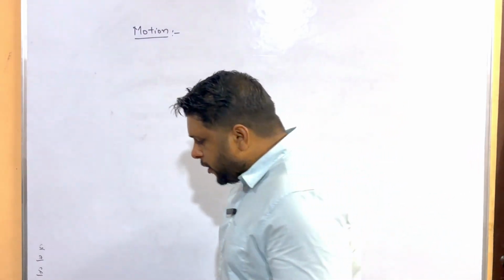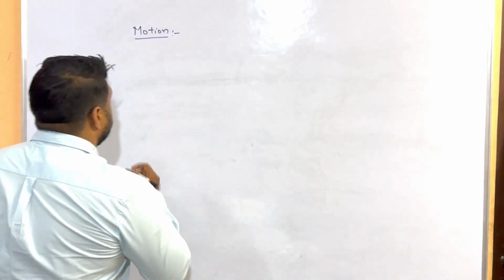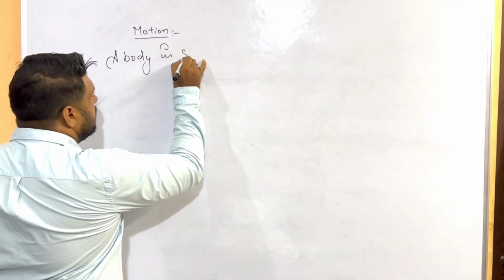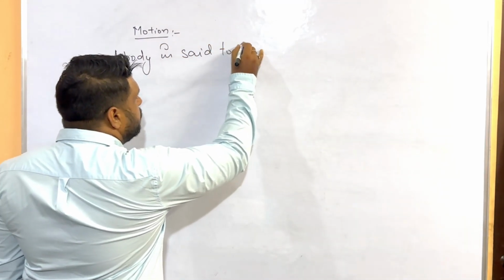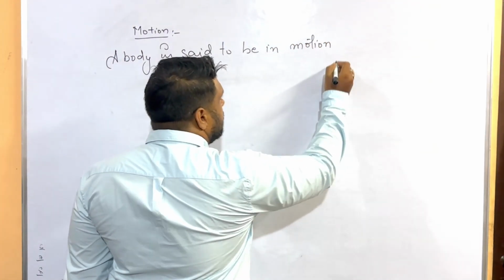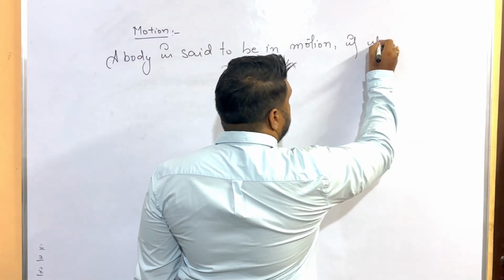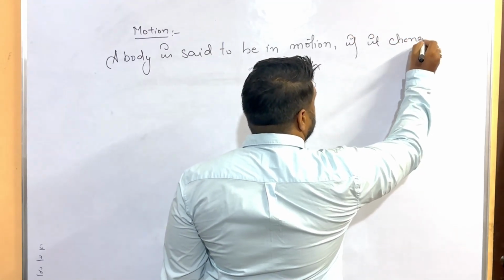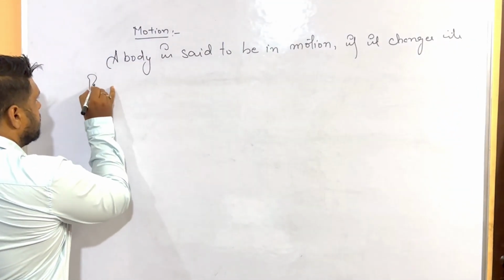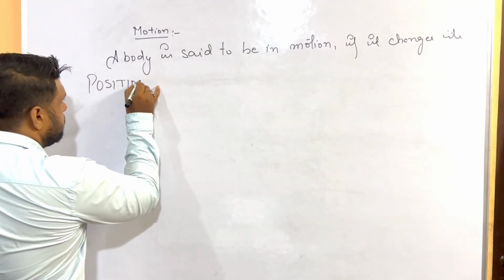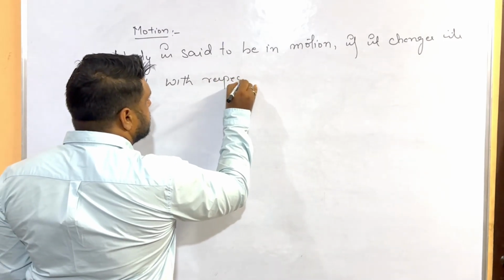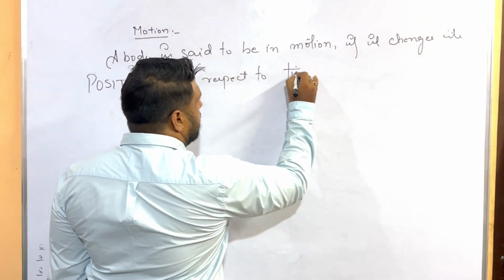Okay, so in order to define a motion, what do we have to say? That a body is said to be in motion if it changes its position with respect to time.